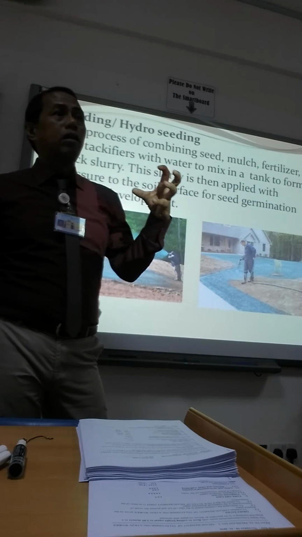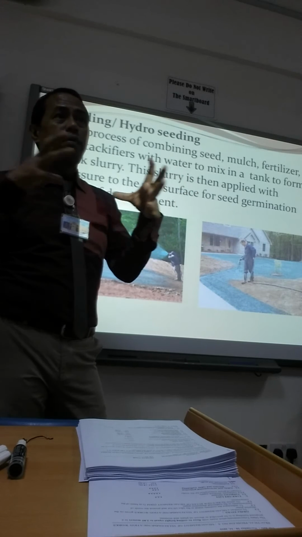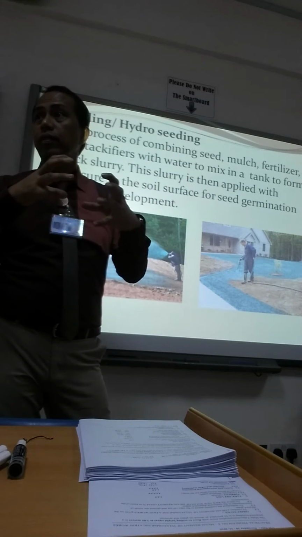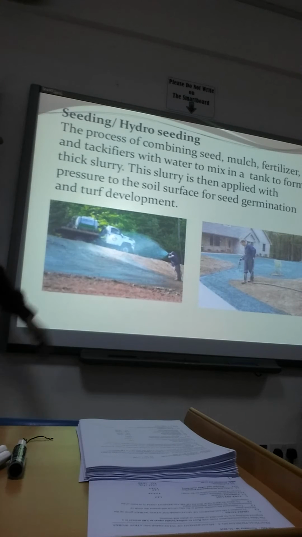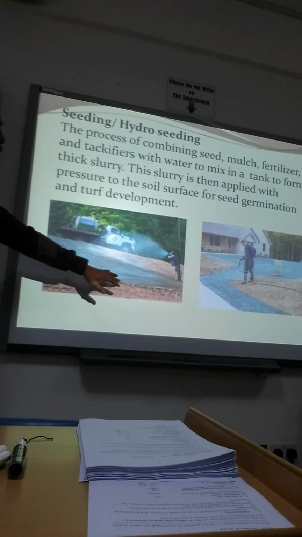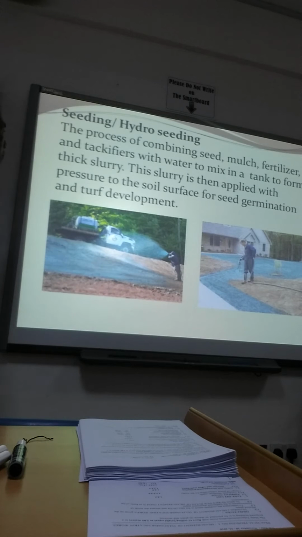It will have a cohesive or adhesive effect, so that it will bond with the present soil in your project site. Then such will be mixed with water and then sprayed on the soil, so that turf will grow fast because of this combination.